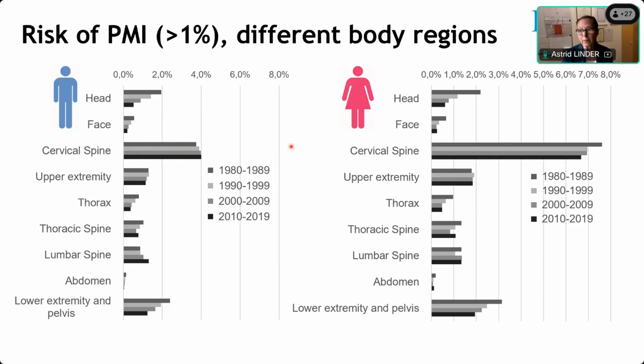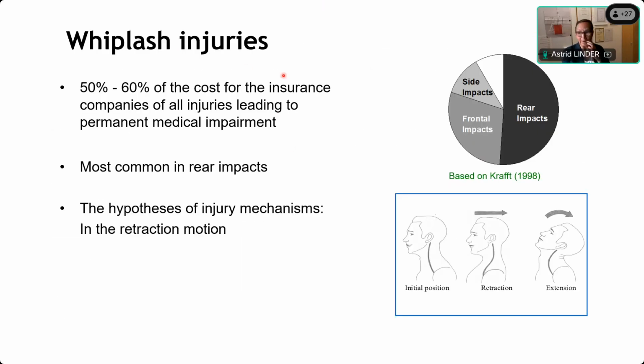So this remains an important area, even if we don't talk about it so much at the moment in this community. But it goes in waves, and this is at least a reminder of why it still is very important. So, more background data, talking about neck injuries.